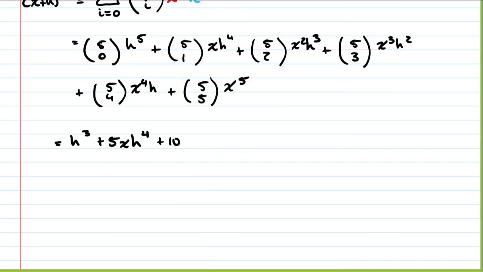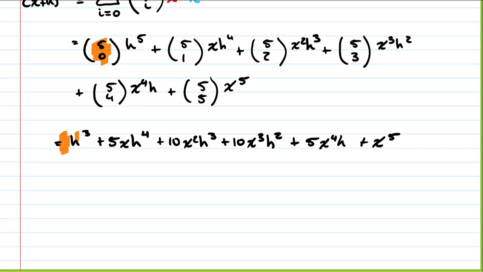So plus 10 x squared h cubed. 5 choose 3 is going to be 10 x cubed h squared, plus 5 choose 4 is back to 5, so we get 5x to the 4th h, and 5 choose 5 is 1, and we get x to the 5th. So let's add some highlighter to help us out. That's going to be the coefficient, which is a 1.